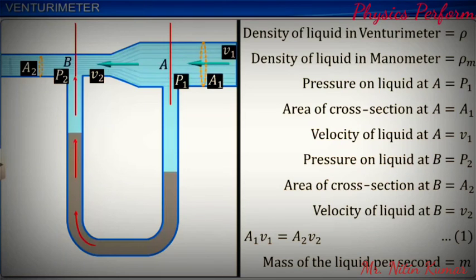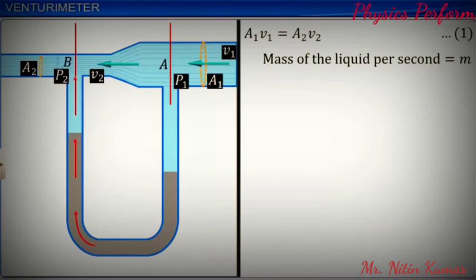here V1 and V2 are the length of the liquid element of mass m at positions A and B respectively. Therefore, A1V1 is equal to A2V2, which is equal to the volume of the liquid V flowing per second.